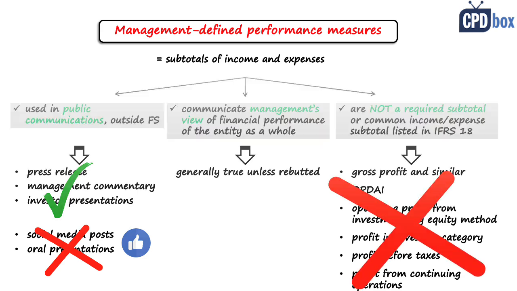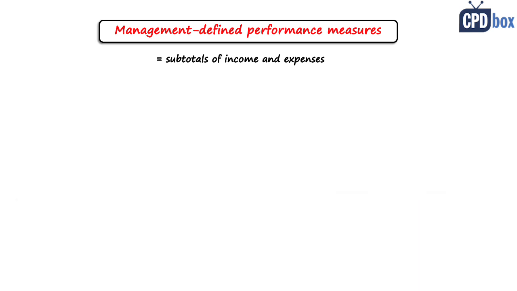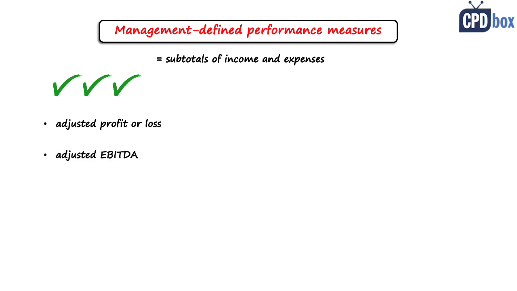So what are the examples of management-defined performance measures? Adjusted profit or loss, for example, adjusted by non-recurring expenses like restructuring. Adjusted EBITDA. Even EBITDA might be this measure, but only if it's not the same as OPDAI or operating profit or loss before depreciation, amortization, and impairments, because that would be subtotal included in IFRS 18, which is specifically not MPM.